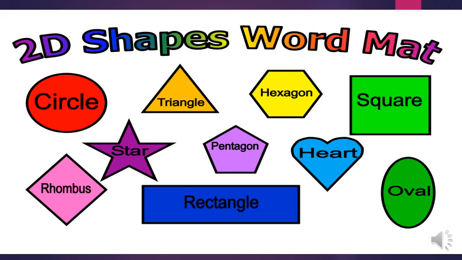Count 1 2 3 4, 6. Now the square you already know. A square has 4 sides and all sides are equal in size. A rhombus has 4 sides. How many sides does a star have? 1 2 3 4 5 6 7 8 9 and 10. How many sides? 10 sides.